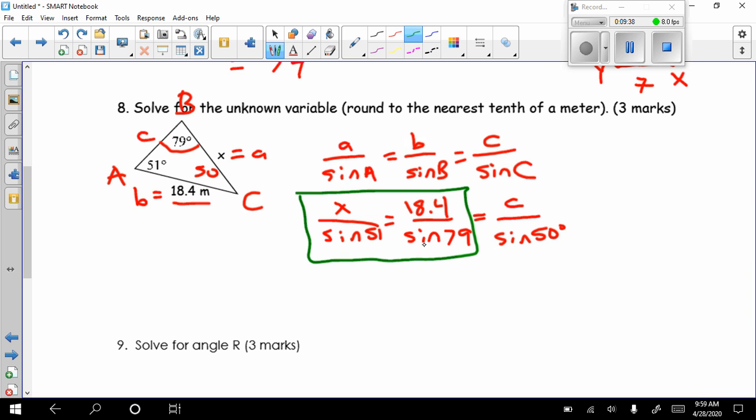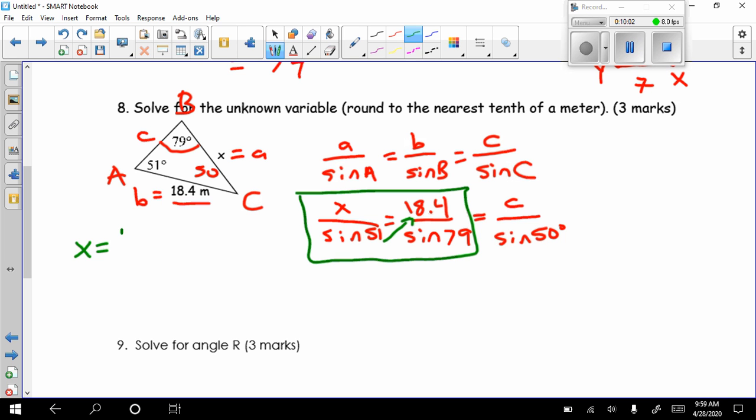So now I just have to get x by itself. So I'm going to come over here and say, well, x is equal to. Well, look at this. To get rid of the sine 51, I've got to multiply both sides by sine 51. So really, look at what I'm doing. I'm cross multiplying it up here. I'm not going to cross multiply the sine 79 up because it's already on the side without x.